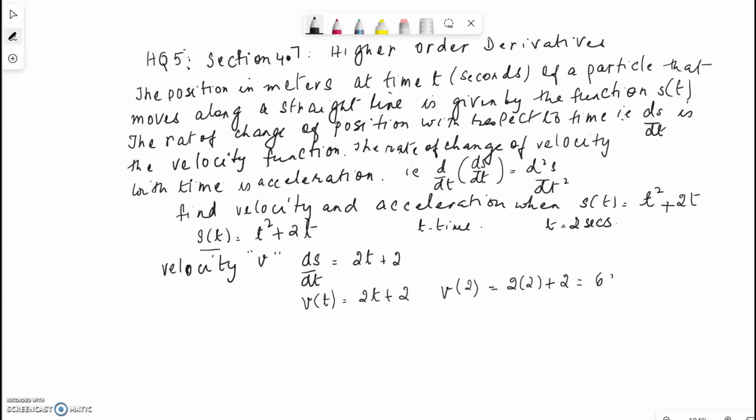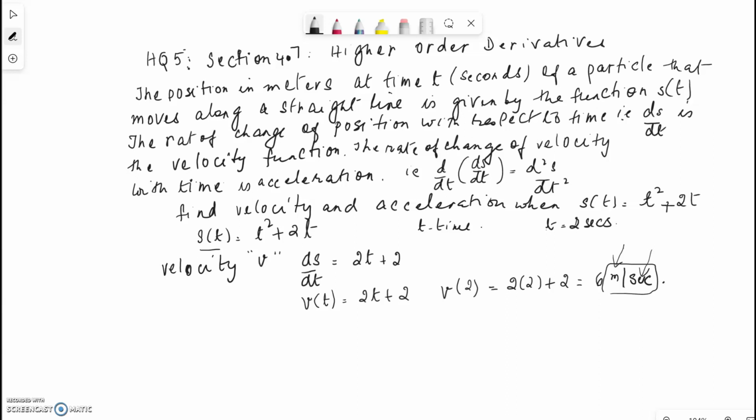Assuming that this is in meters, and time is in seconds, the velocity at 2 seconds is 6 meters per second. So this is the unit of measurement for velocity, the rate of change of position with respect to time. The time is in the denominator, the position is in the numerator.